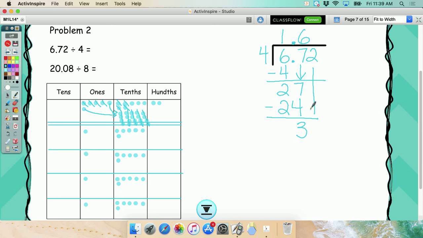Yes. Bring down your 2. So I have 3 left over that are going next door, aren't they? And they're going to be traded in for 10.